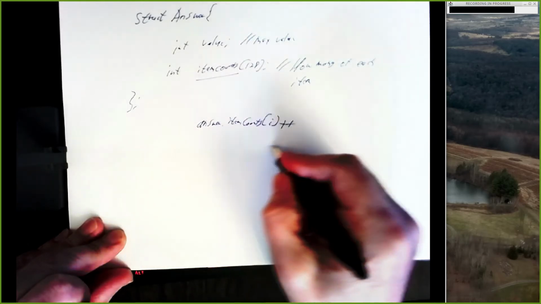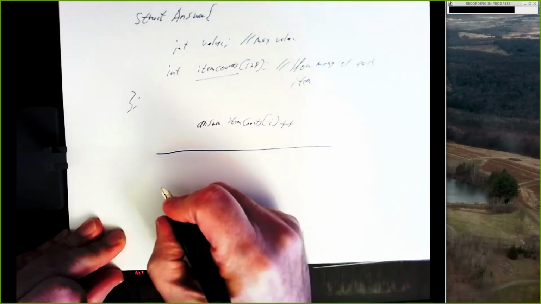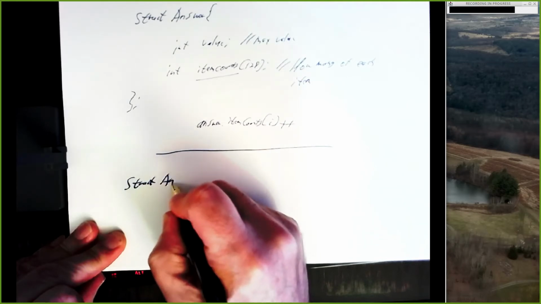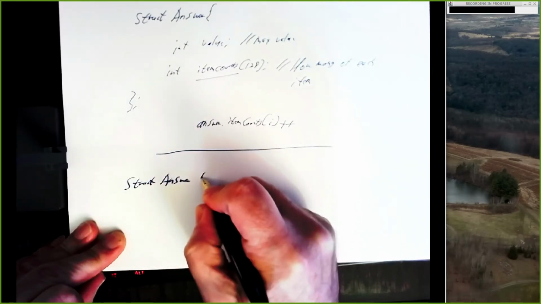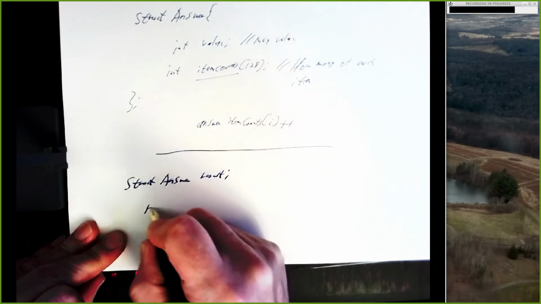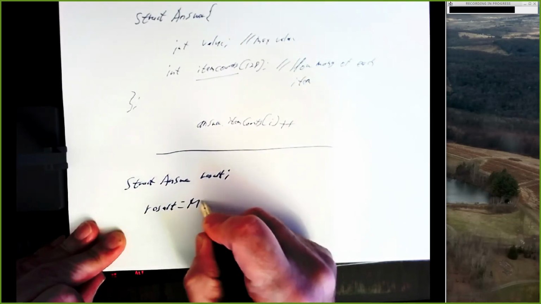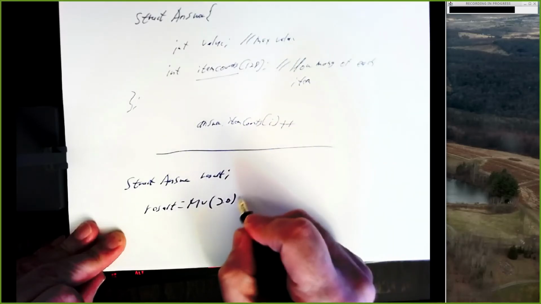And then calling this from main. So if we have a struct answer like this, and you want to test this, it's basically struct answer result. It's just result equals MaxVal, whatever your capacity is.